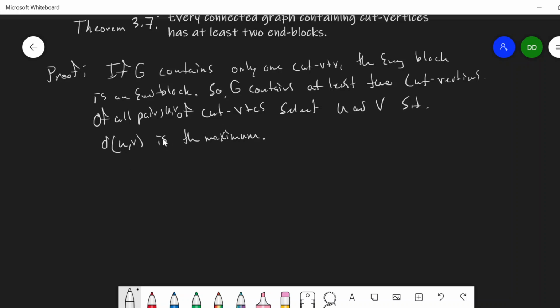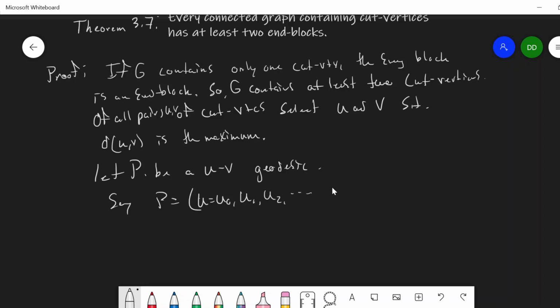So let's find a path between U and V. Let P be a UV geodesic. Say P is equal to U0, U1, U2, and so on, with some number of vertices, Uk-1, Uk, which is V. And we know k is at least 1.